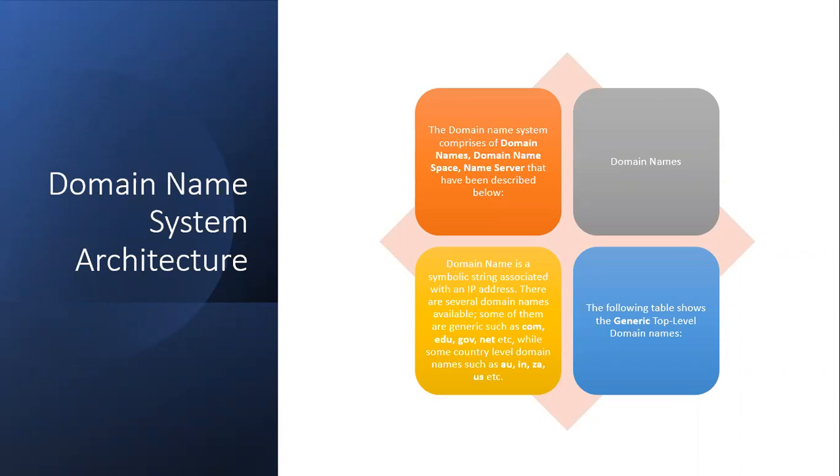Some of them are generic, such as .com, .edu, .gov, .net, while some are country-level domain names such as AU, IN, ZA, US, etc. The DNS architecture consists of a hierarchical and decentralized name resolution system for computers, services, or any other resources connected to the internet or a private network.